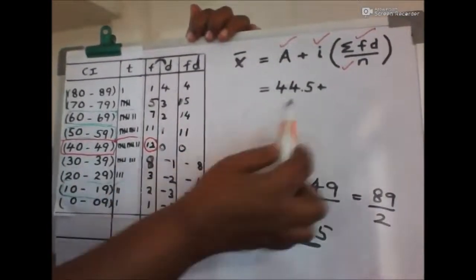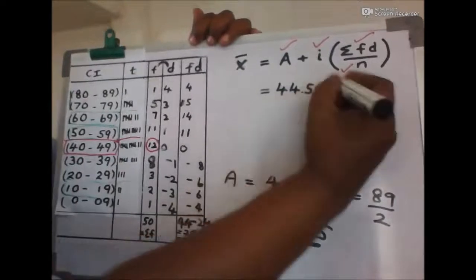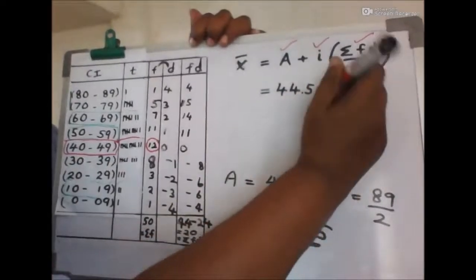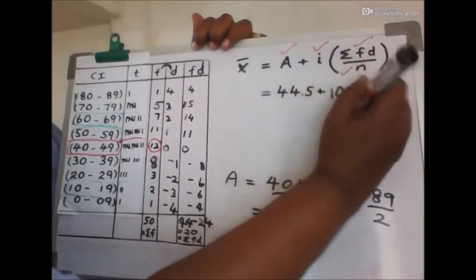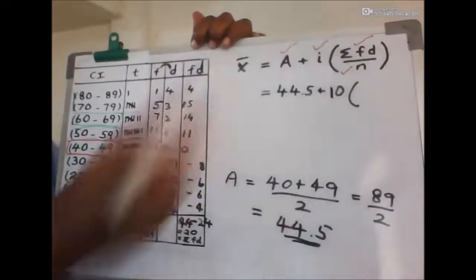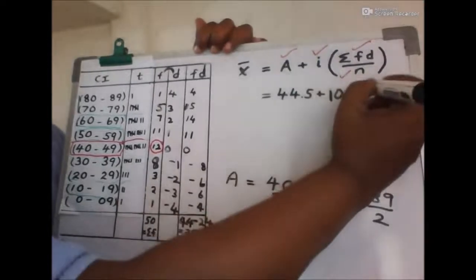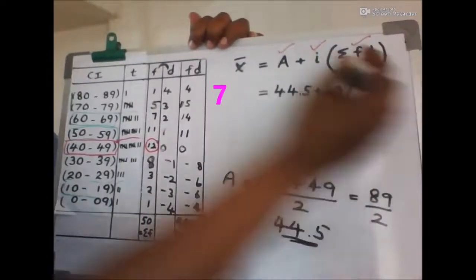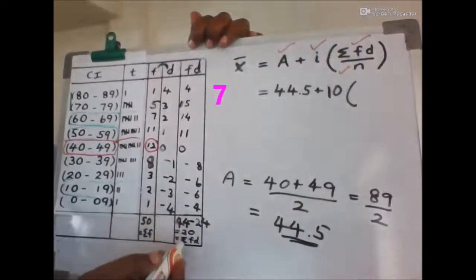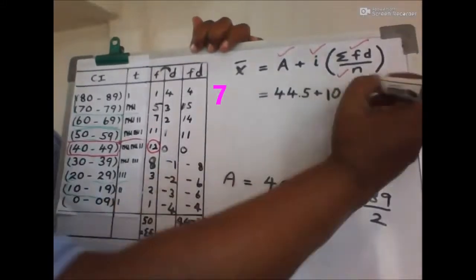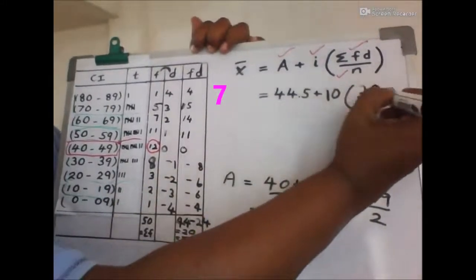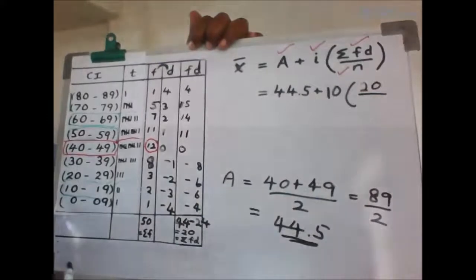Where are we? I is 10. Then into summation FD, it's 20. 20 divided by n.